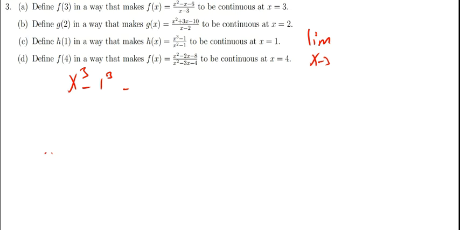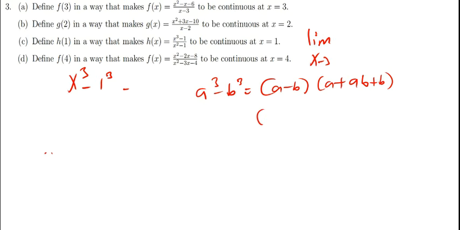I said if you have a to the power 3 minus b to the power 3, it can be written as a minus b times a squared plus ab plus b squared. In that case, my a is x, plus 1 times x is again x, then again there I'll have 1, so it's more like I've got 2x.